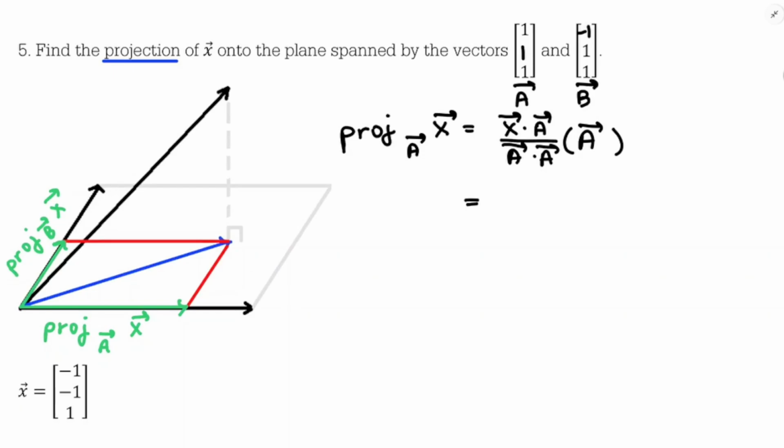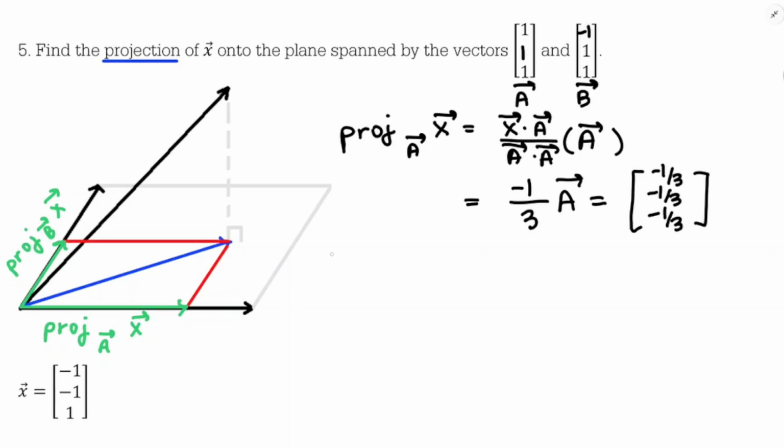All right, I hate to do this, but the problem just really wouldn't make sense otherwise. So I'm just going to switch up those vectors A and B so that it does make sense. Okay, so x dotted with A, now I'm back in business. -1 is -2, plus 1 back would be -1. Divided by A dotted with A, which is going to be 1, 2, 3. -1/3 of A. And that's going to equal -1/3, -1/3, -1/3.